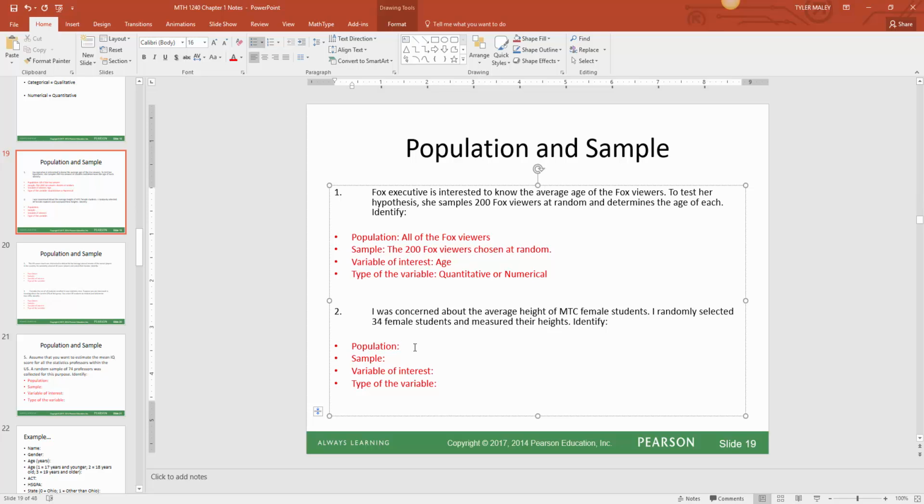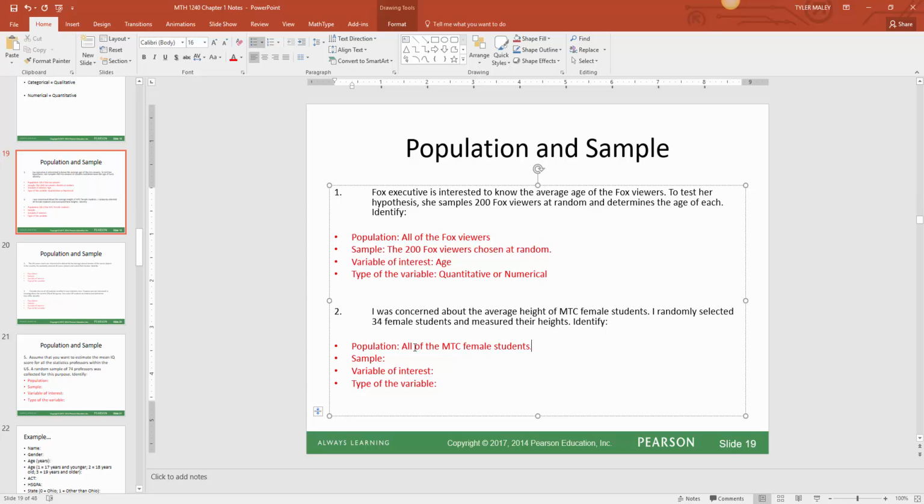And then number 2 says, I was concerned about the average height of MTC female students. I randomly selected 34 female students and measured their heights. This is a much smaller sample than the 200 from the last, but nonetheless still a study. The population here is all of the MTC female students.